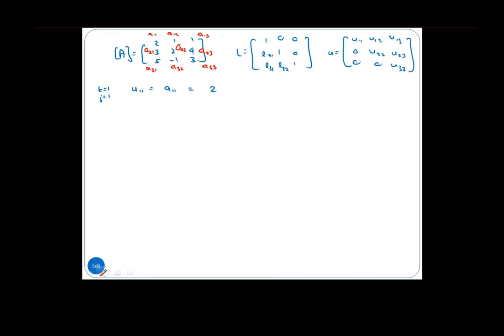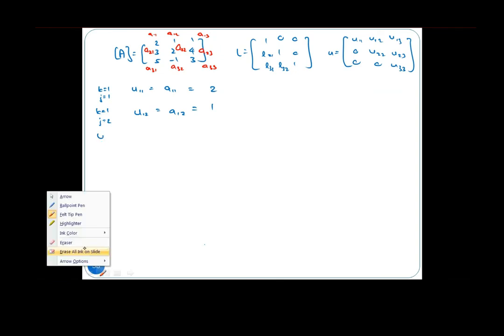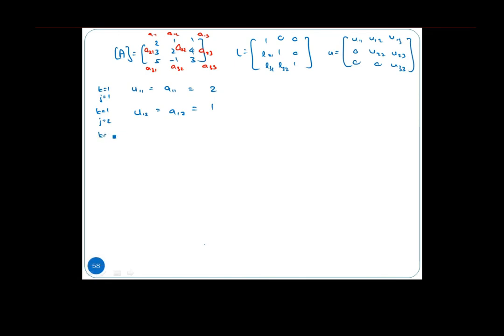Then for the second column, J equals 2, U12 equals A12, which is 1. For K equals 1, J equals 3, U13 equals A13, which is 1. So we have determined U11, U12, U13.